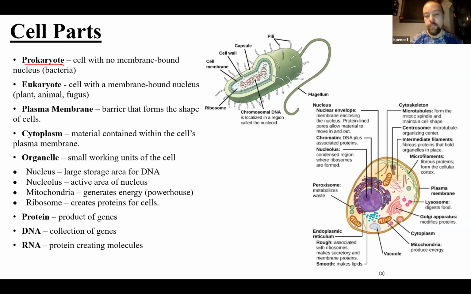And then prokaryotes, there's two types. You've probably heard of bacteria before. So bacteria are prokaryotes. And there's one other classification of prokaryotes. They're called archaea. Archaea are very similar to bacteria, but you find them in areas where you wouldn't expect individuals. Like if you were to go to hot volcano beds, there would be bacteria there.